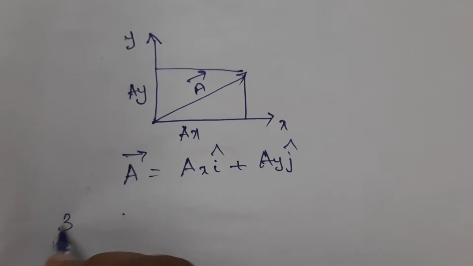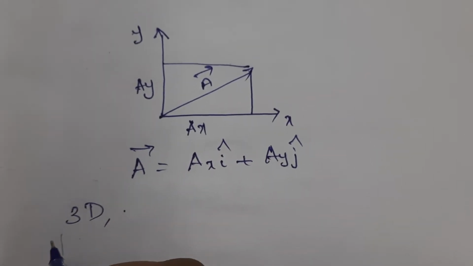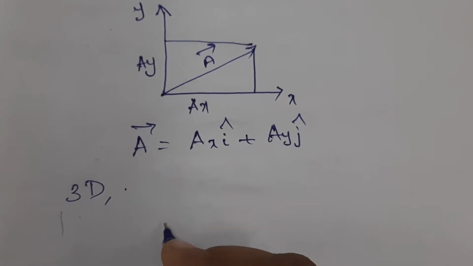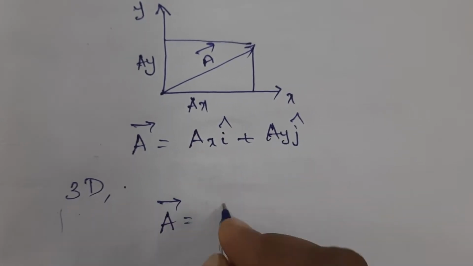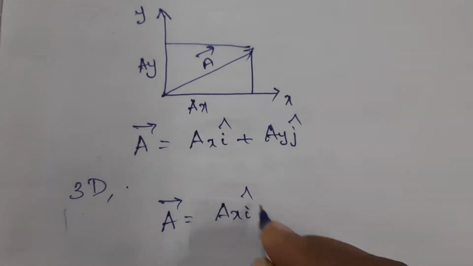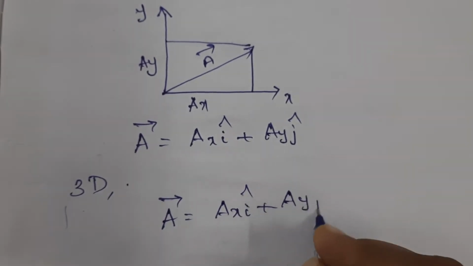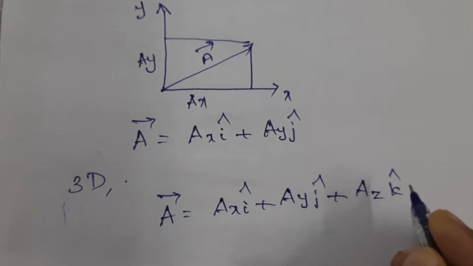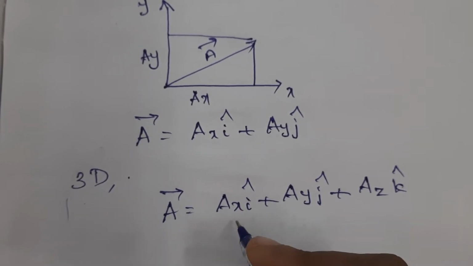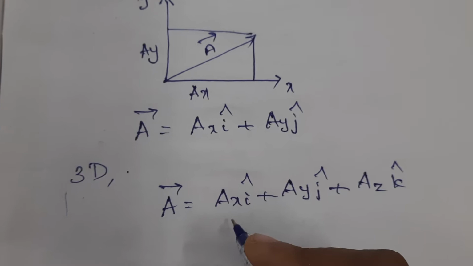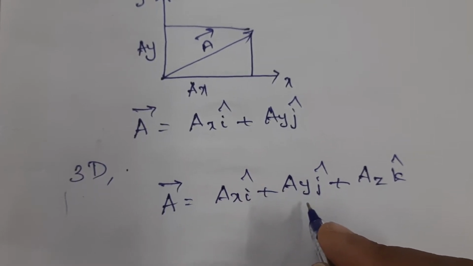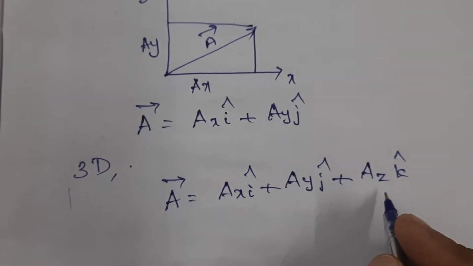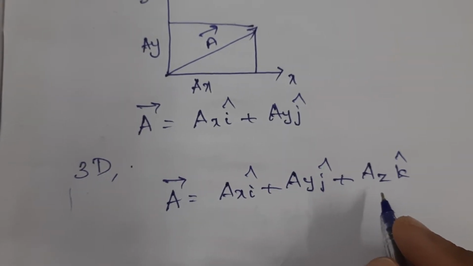In case of a three-dimensional coordinate system, we can write the A vector, that is, Ax i cap plus Ay j cap plus Az k cap, where Ax is the x component of A vector, Ay is the y component of A vector, and Az is the z component of A vector.